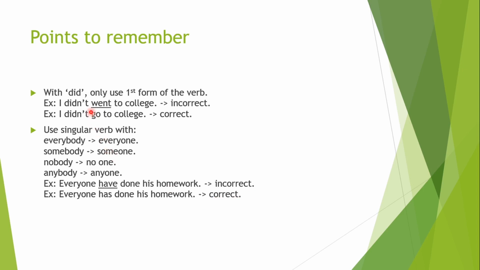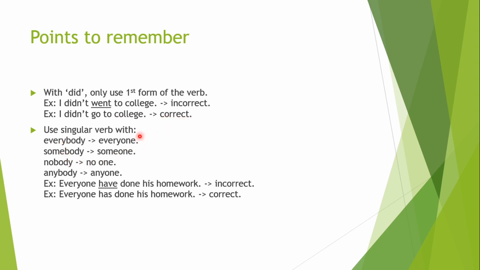Now another point to remember, with "did" only use the first form of the verb. "I didn't went to college." This is wrong. Went is the second form of the verb go, so the first form is go. So it should be "I didn't go to college." This is correct.